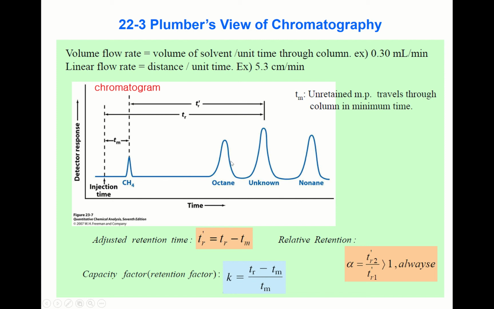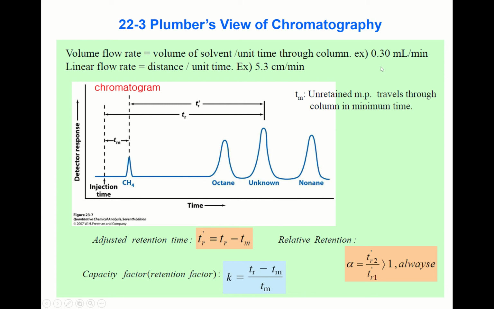But for octane, the unknown, and nonane, Tr is the retention time. They are all different, depending on the interaction with the stationary phase. The volume flow rate is the volume of solvent per unit time through the column.